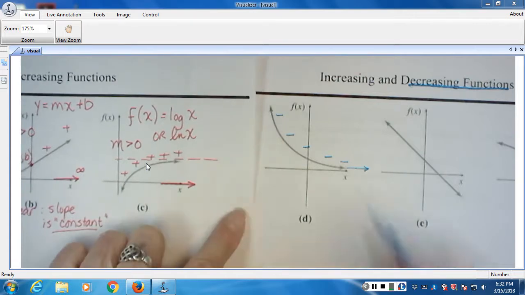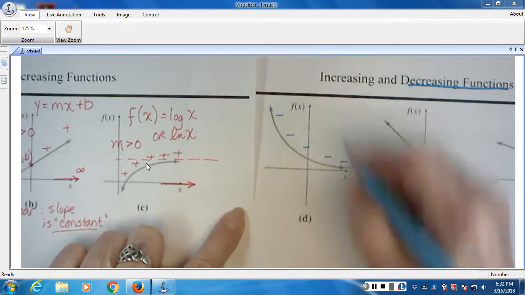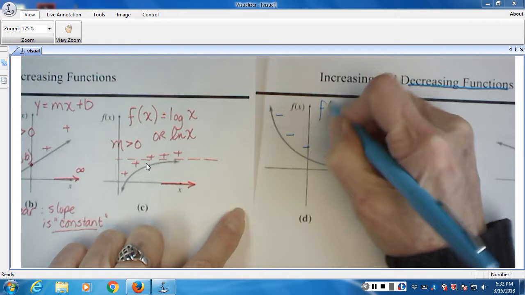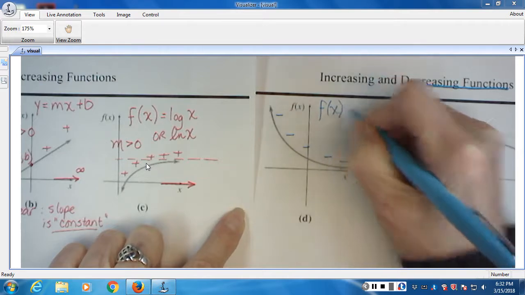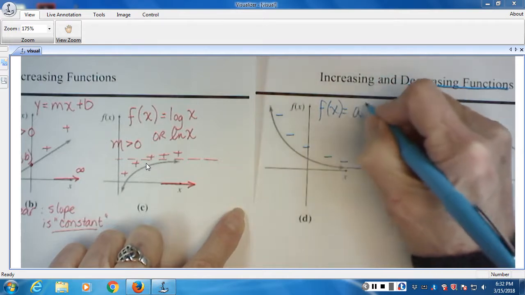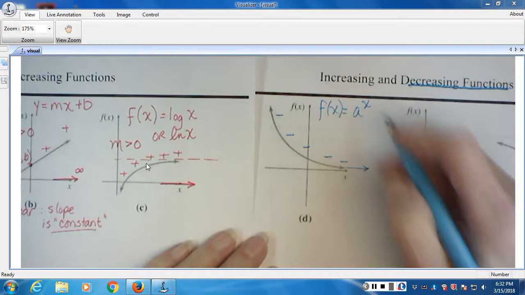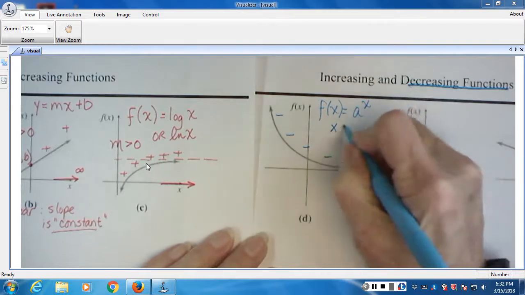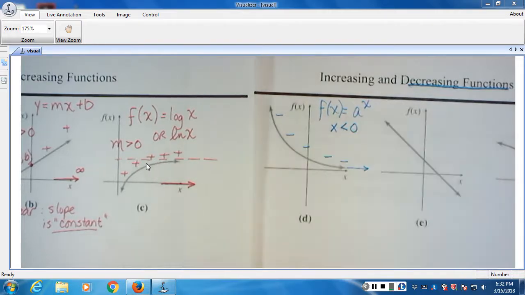This is also an exponential function. In this case, x is less than 0. Okay? x is a negative exponent.